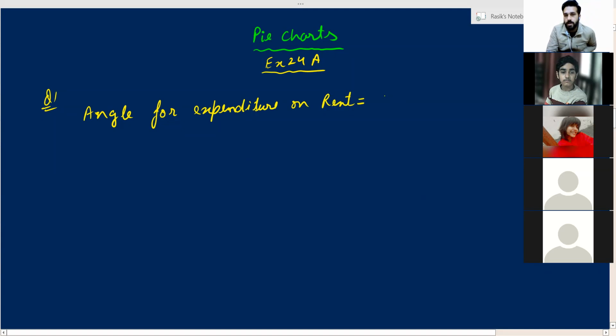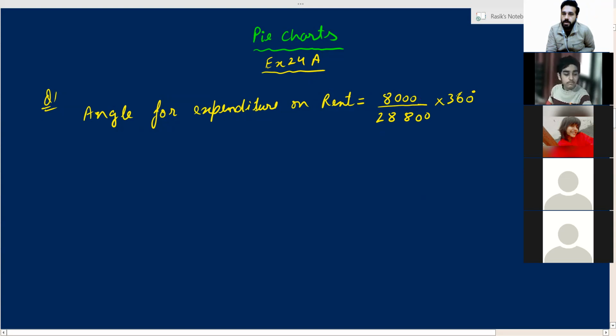First you write down the money spent on rent, 8,000, divided by the total income. What is the total income? The total of all these items, 28,800, already given in the question. In some questions it may not be given, so you will add all the data to find it out. Multiplied by 360.